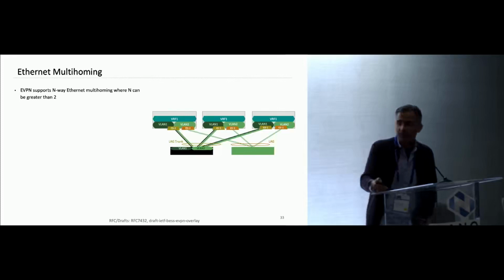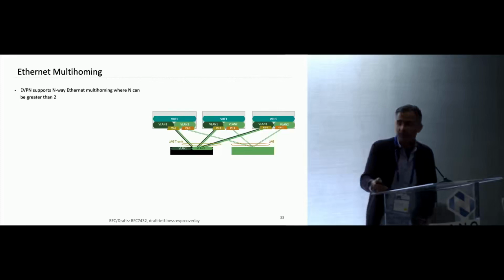With selective multicast replication, unlike inclusive replication, where all the VTEPs that are participating in a subnet, whether it's broadcast, unknown unicast, or multicast, they all get the frame, in selective multicast replication we have this additional type 6 route where we can signal the VTEPs that have interested receivers for an IP multicast.